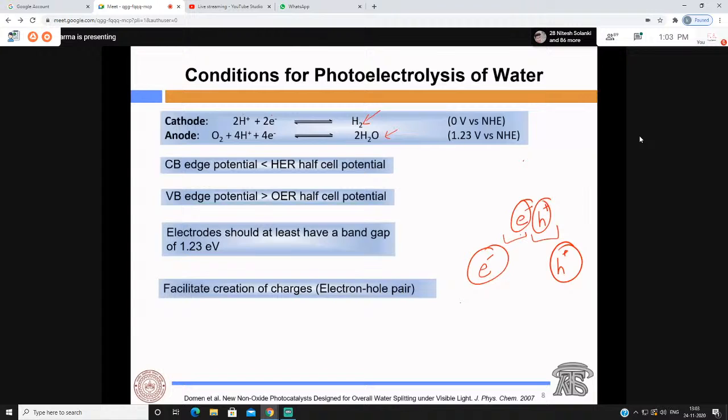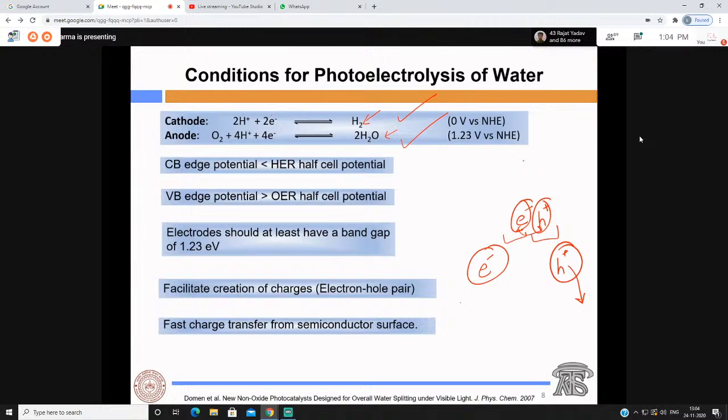Otherwise, they will combine together and heat energy will be produced. That's why we say that the material should facilitate the creation of charges and then their separation. After the separation, they should move to the surface of interest where they can participate in the hydrogen evolution or the oxygen evolution reaction.